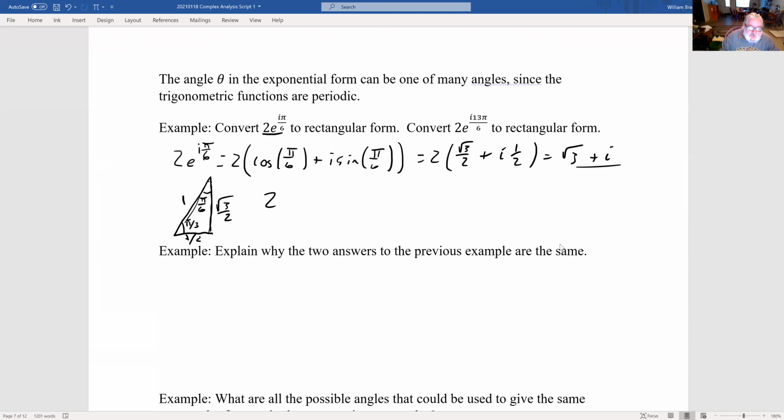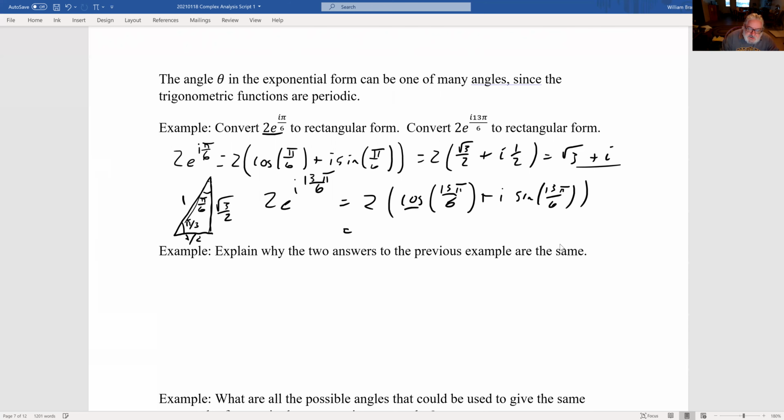What is 2e to the i 13 pi over 6? So that's going to be 2 times cosine of 13 pi over 6 plus i sine 13 pi over 6. But cosine and sine are periodic with period 2 pi.